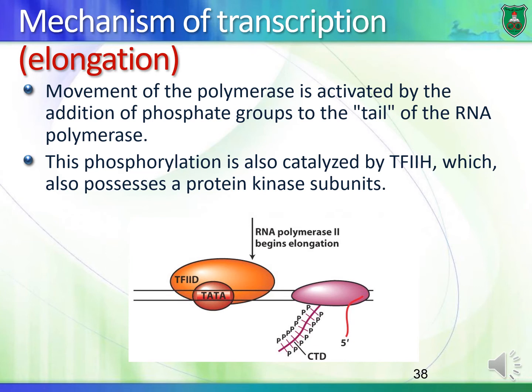And this phosphorylation is catalyzed by transcription factor IIH, the same protein that functions as a helicase. It can also function as a kinase as well. So this is a multifaceted protein. It has multiple functions.